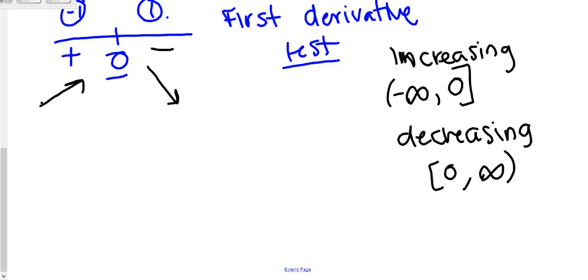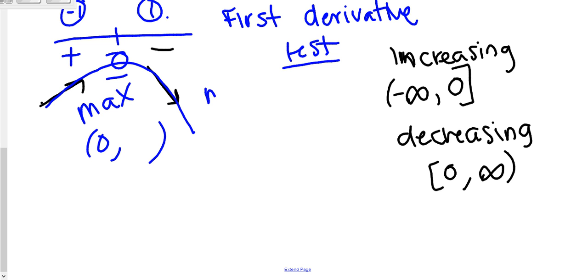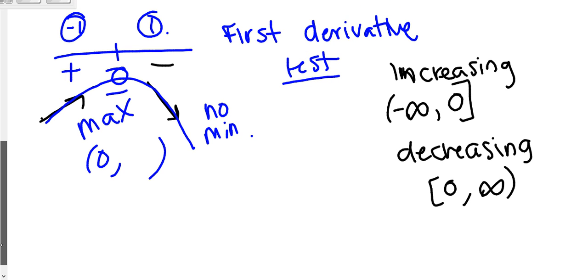Then we need to see if we change signs and we have a maximum or minimum. We go from a positive derivative to a negative derivative. That is where we would have a maximum on our original function. And we already know our maximum x value is 0. We just need to find the y value. And it is okay that we have no minimum. We have no relative minimum here.